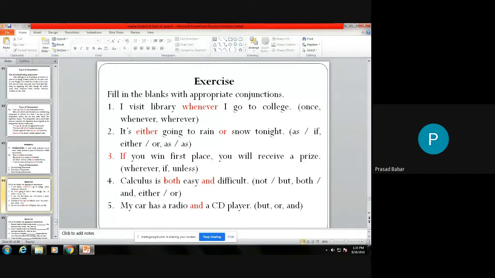Here calculus is both easy and difficult. I think this is the wrong option. We can't use both and, because there are two different conditions, easy and difficult. Both and we can't use.